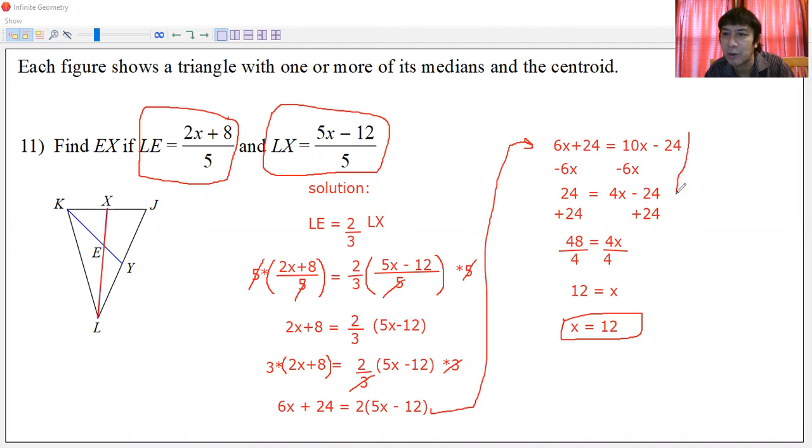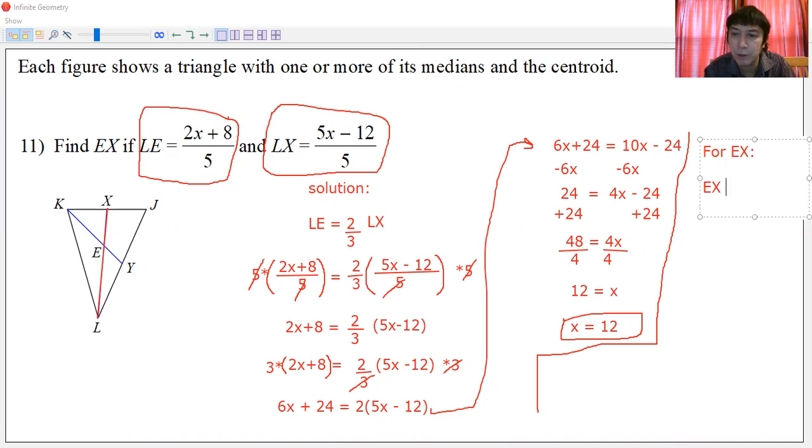EX. Okay. So we will have to use now the EX. All right. Let us do it over here. This will now be for EX, and here's the formula. All right, EX is equal to 1/2. Okay, it will be 1/2 of LE.